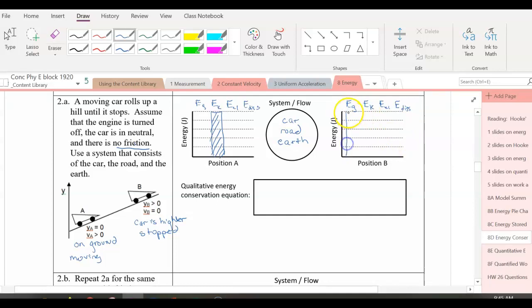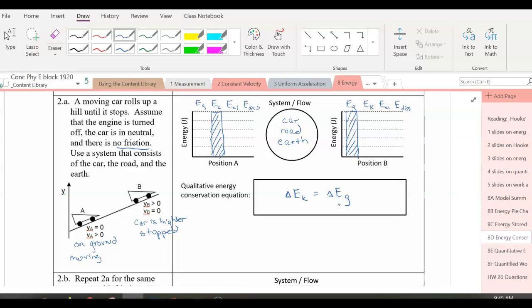So at the end, all of its energy is stored as gravitational potential energy. So my conservation equation says that all the energy at the initial condition, which was kinetic energy, has now been redistributed, and it is all stored now as gravitational potential energy.